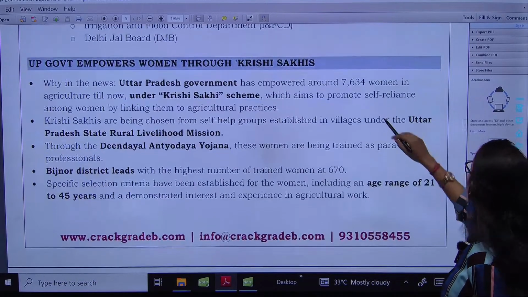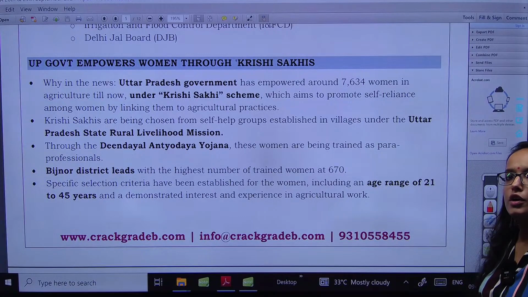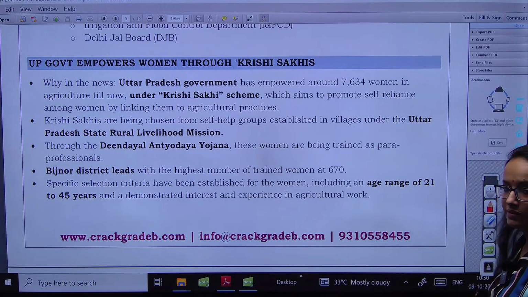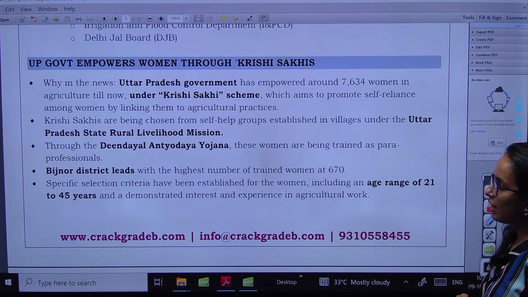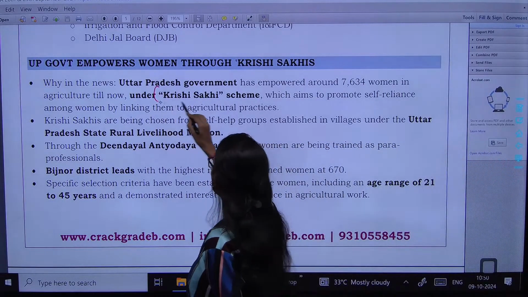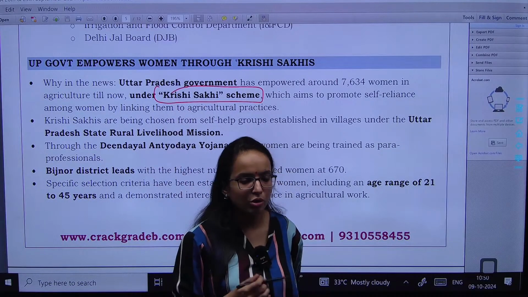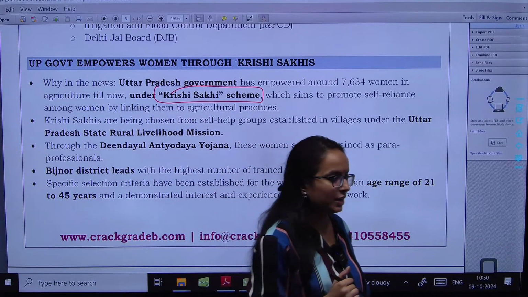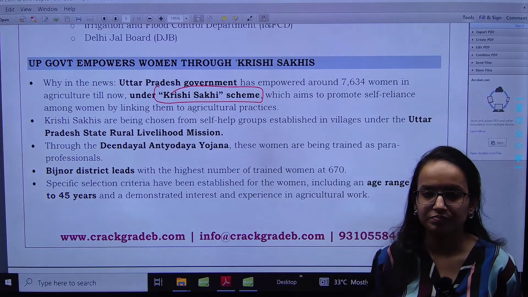Next in the state news categories, UP government has empowered around 7,634 women in agriculture till now under Krishi Sakhi scheme. So remember, this scheme in news belongs to which state? Krishi Sakhi scheme belongs to the state of UP.